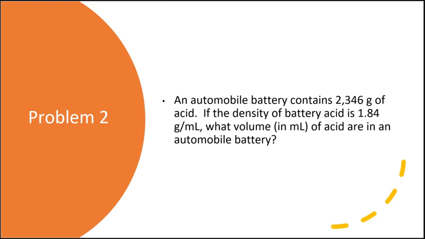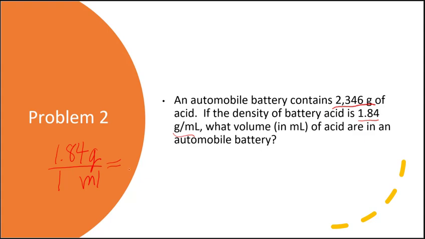Here's another one where we are given an automobile battery that contains 2,346 grams of acid. And we know the density, which is 1.84 grams per milliliter. So I'm just going to write 1.84 grams per milliliter. That means 1 milliliter is 1.84 grams.